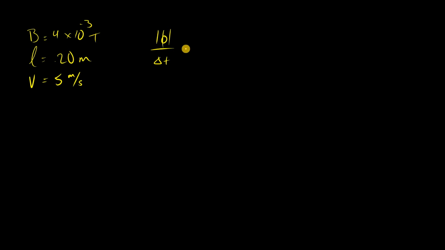It is going to equal, according to this, B delta A, and so you can write it this way, all over delta T. Once you start plugging in values, you'll notice that the B value is 4 times 10 to the negative 3. No problems there.